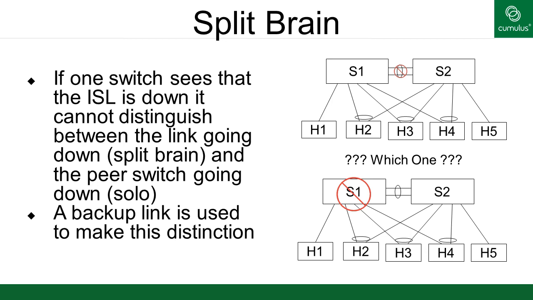In one scenario, if just the peer link has gone down, we have both of the switches still active. And essentially what we want in that case is for S1 and S2 to act as independent switches now. We don't want them to act as an MLAG anymore. In the second case, if switch S1 is totally gone, then S2 is on its own.